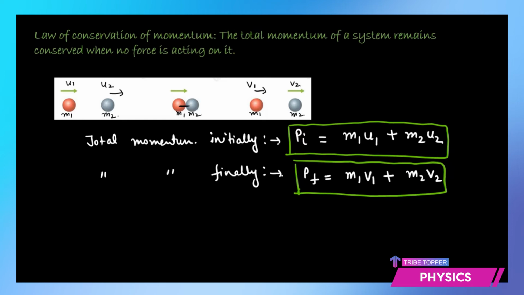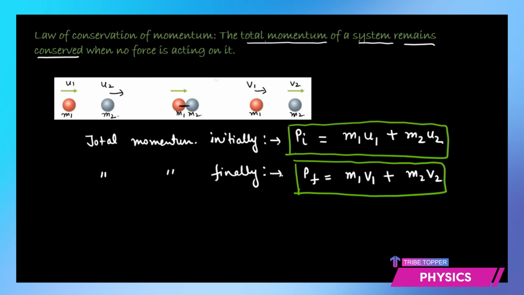The law of conservation of momentum says that when no force is acting on a system, the total momentum of the system remains conserved. During the collision the force acted, but after they have separated, there is no force acting.